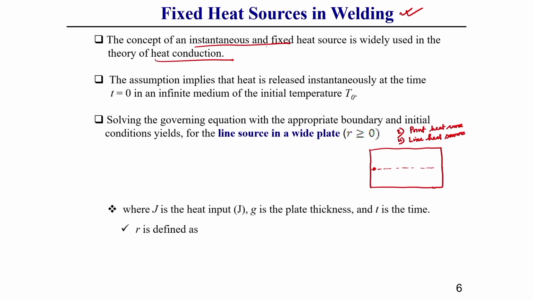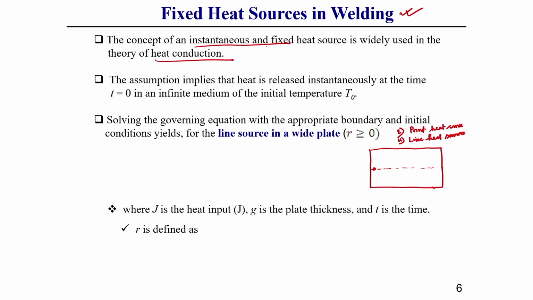What is a point heat source? Point heat source means we are putting the heat at a particular point. A point is considered volumeless.